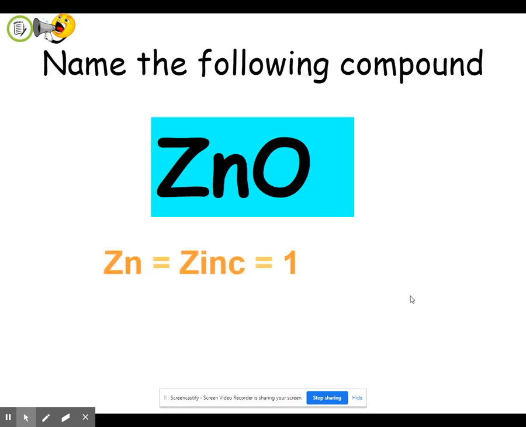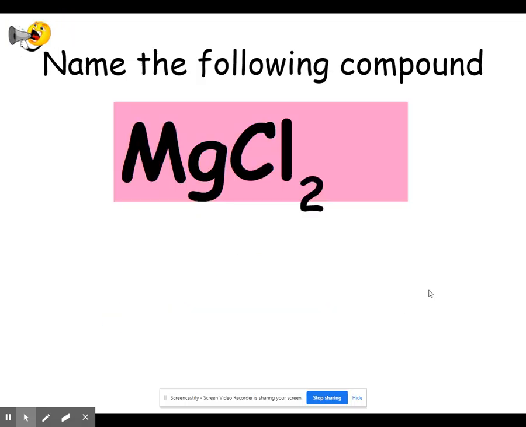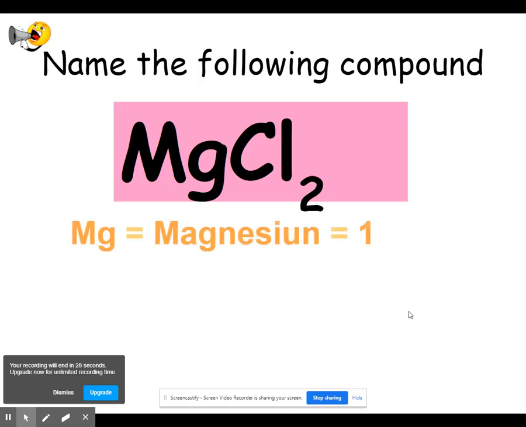And oxygen has no subscript, so it's 1 atom of oxygen. Okay. We have a capital M, lowercase g, capital C, lowercase l. Again, identify your element, and then count the atoms. No subscript, so it's a 1. The subscript 2, so there are 2 atoms.